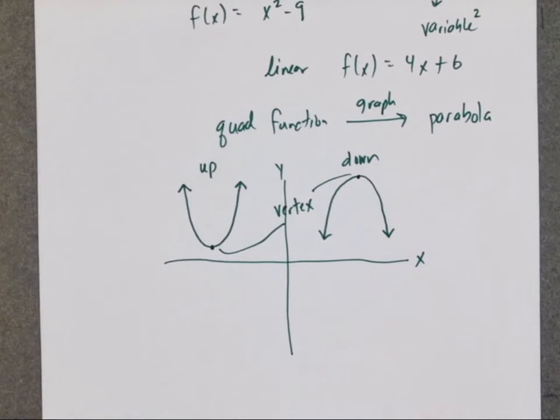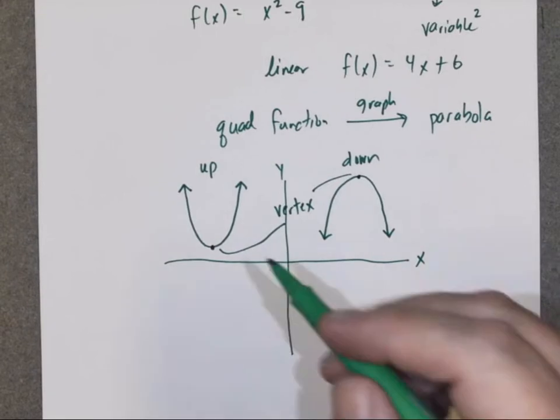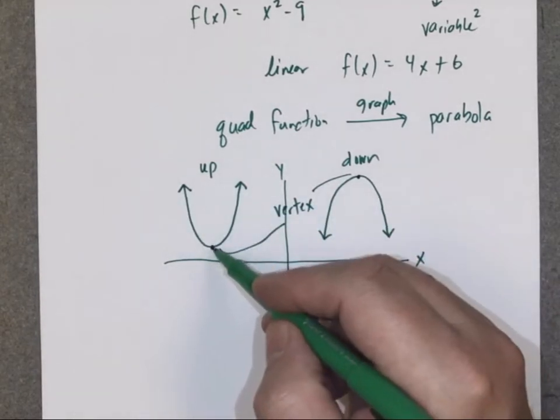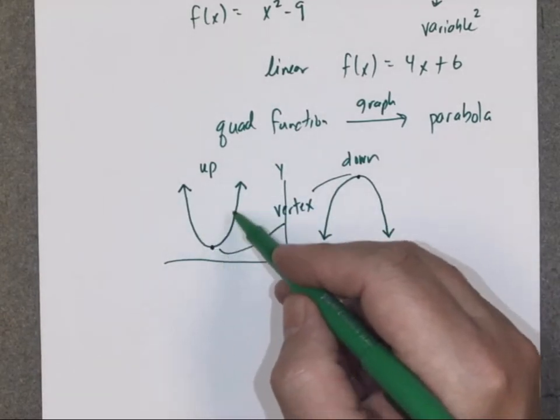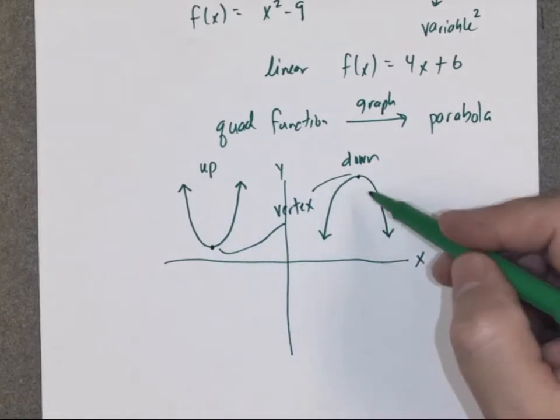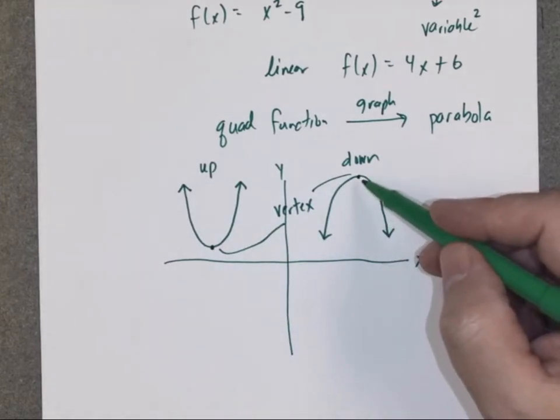Those points are each called the vertex. So if the parabola opens up, the lowest point down here is called the vertex of this parabola. If the parabola opens down, the highest point is called the vertex.